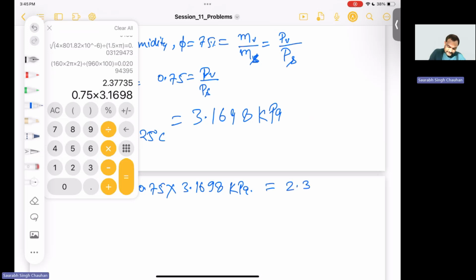We are getting 2.38 kilopascal. This is the partial pressure of water vapor, right?